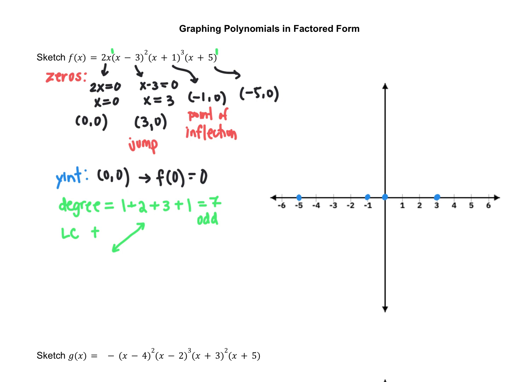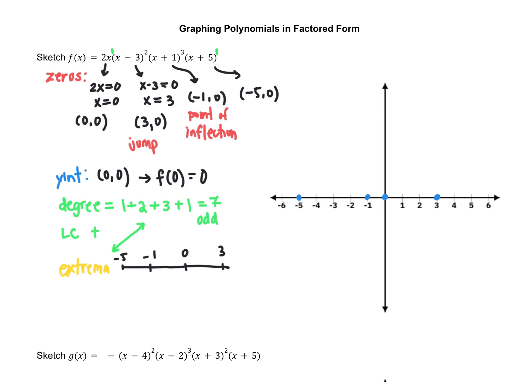But for now, we will be estimating these values. So I like to just make myself a little number line here, put my zeros in correct order: -5, -1, 0.